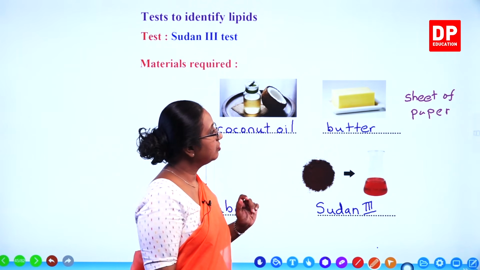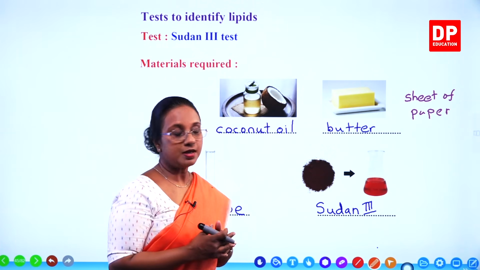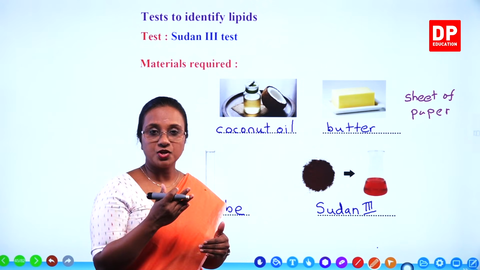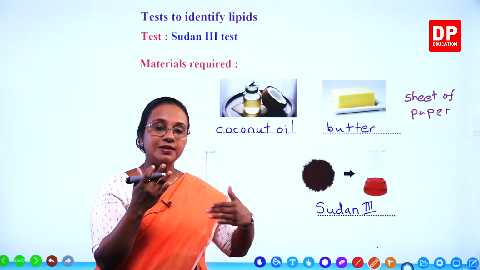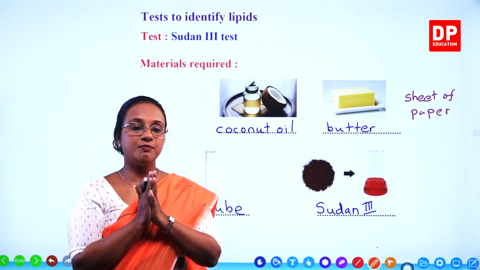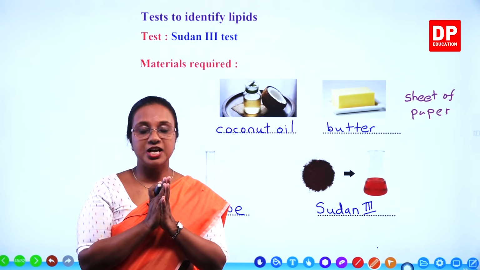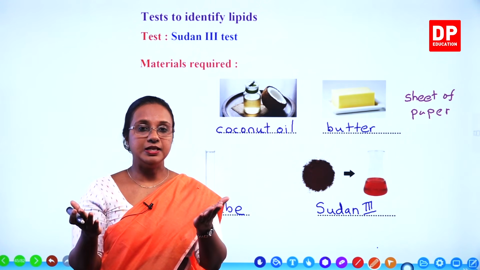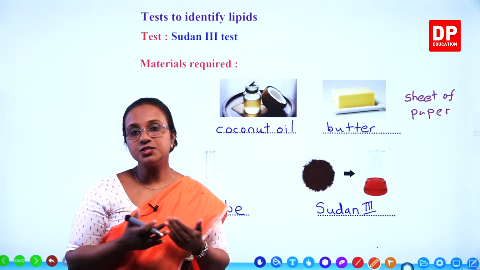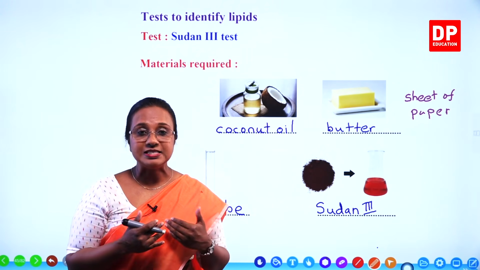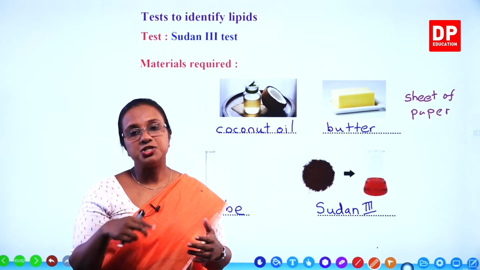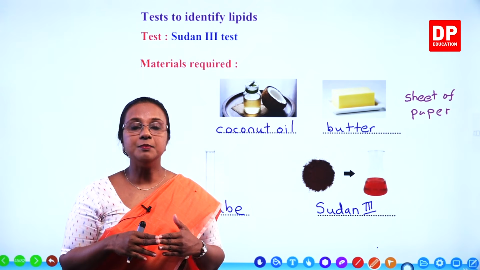So here what we do is, we take the sheet of paper, we rub it on the surface of the butter. So a little amount of butter will come onto the sheet of paper. Then we can fold the sheet of paper and scrub it gently. And when you open it out, and if you hold it to a light, or otherwise if you just look at the paper, you will see a translucent patch, an oily patch. Normally we call it an oily patch.